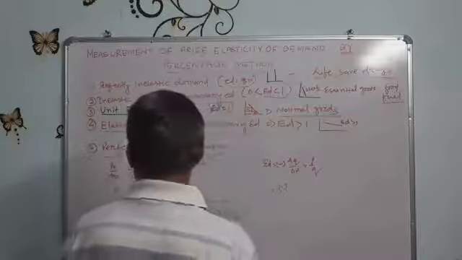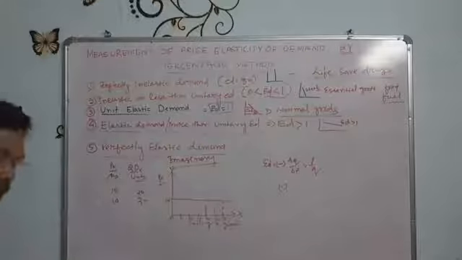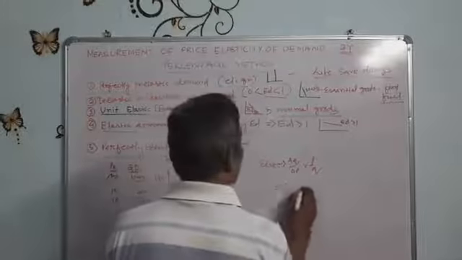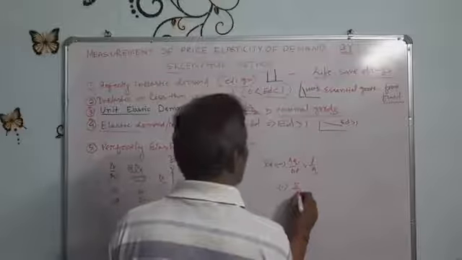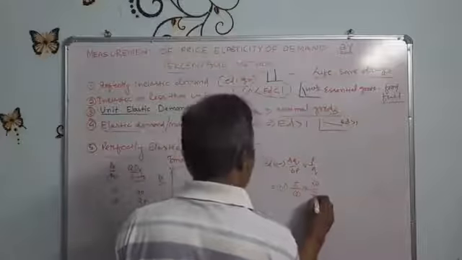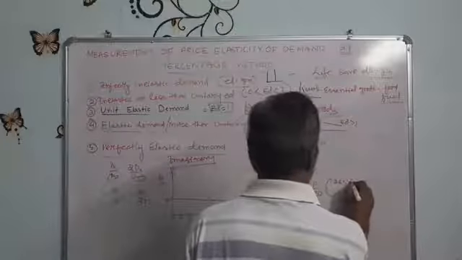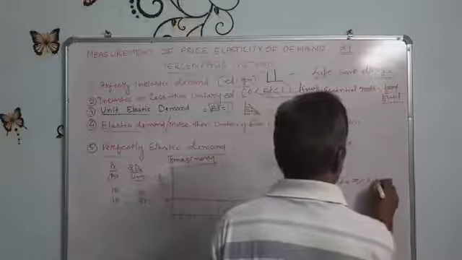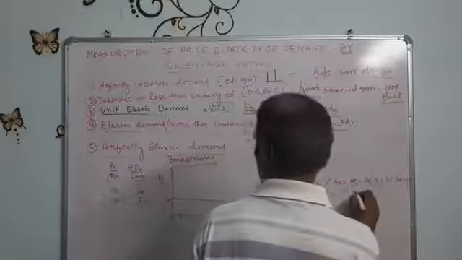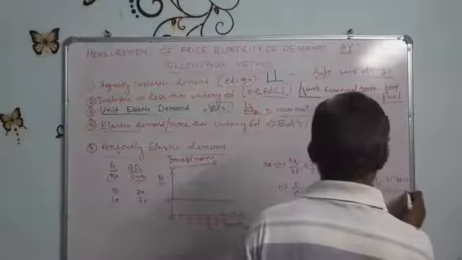Delta Q equals Q1 minus Q, 25 minus 20, equal to 5, and delta P equals P1 minus P, 10 minus 10, equal to 0.